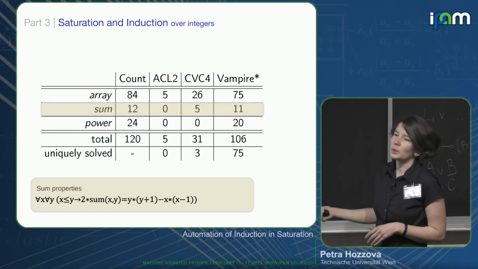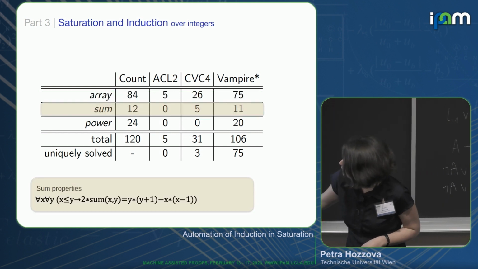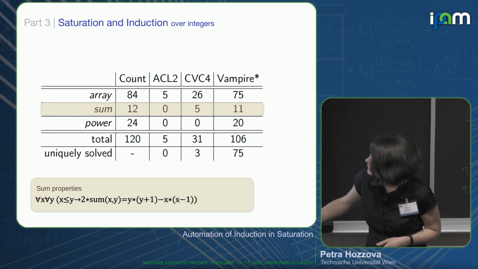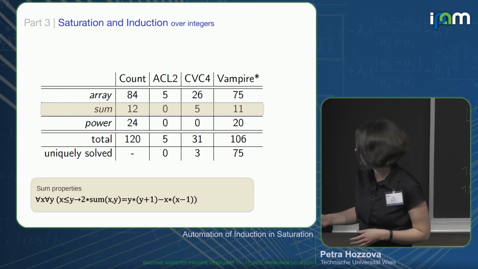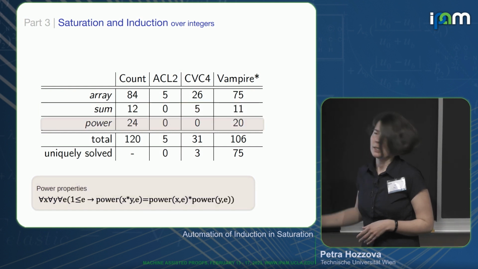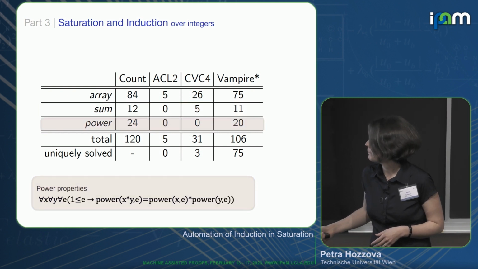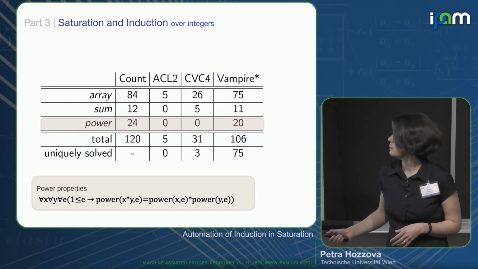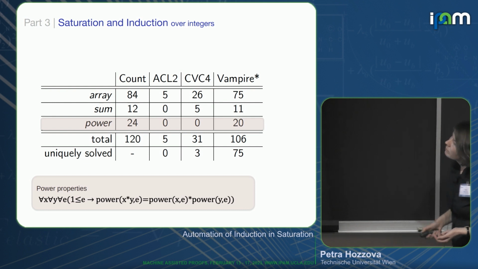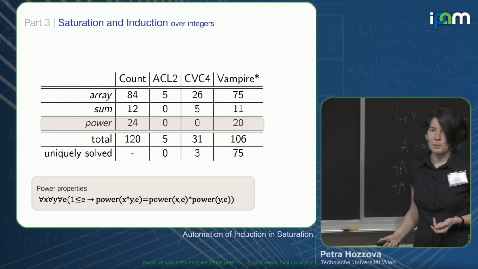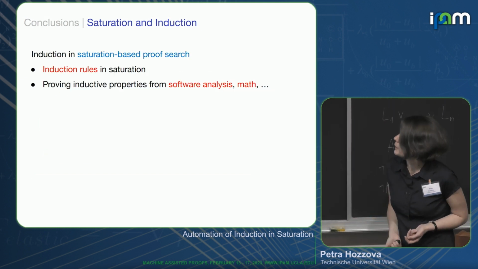Then the second set was very similar to what I've shown you on one of the first slides about summing up intervals of integers. And then the third subset of benchmarks was about distributivity of multiplication over exponentiation. And again, we can solve new problems that we weren't able to solve fully automatically before.